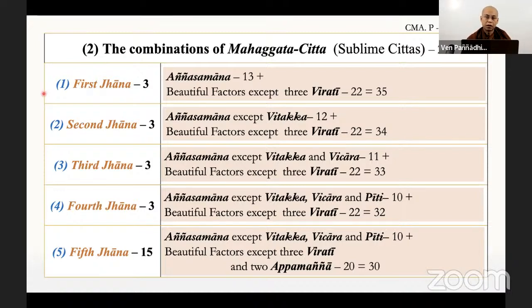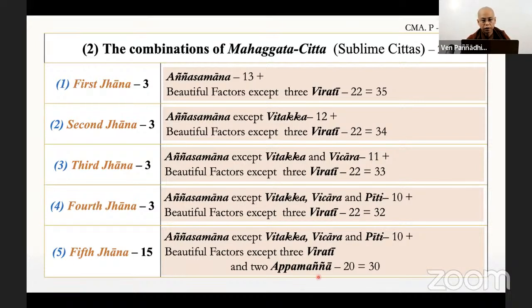This was seen in the next combination method, the Kamavacara Sobhana. This will not make a difference. Here, for Karuna and Mudita, Appamanna is always associated with the form of the 4th jhana, but the 5th jhana becomes an exception.